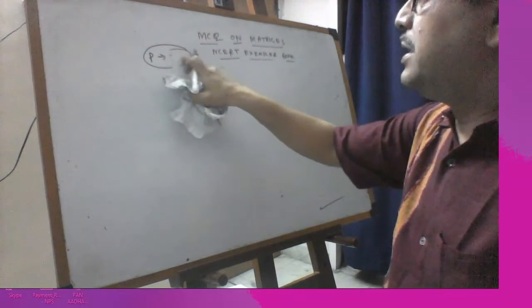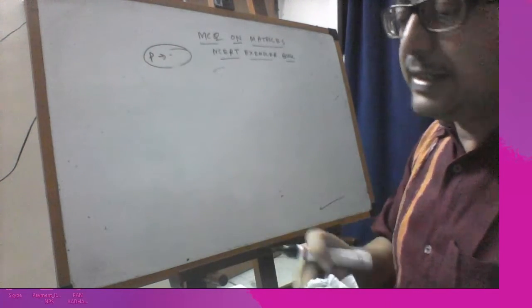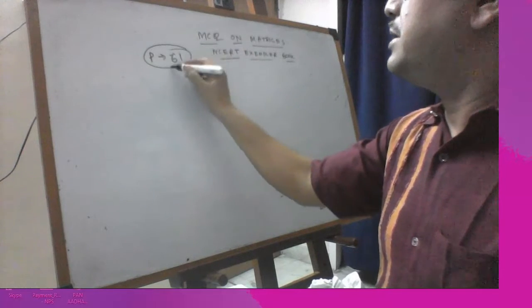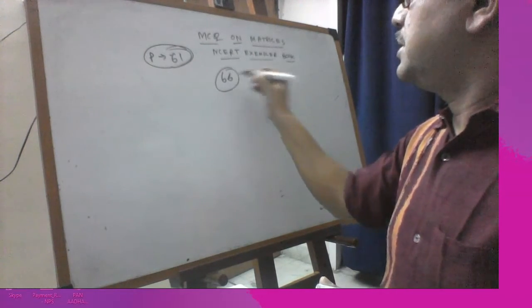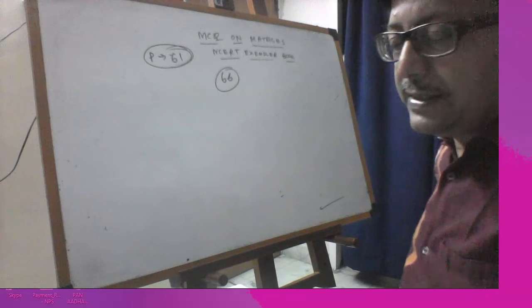We are doing sum number 66 now. It is page 61. Here what do you observe? 66.